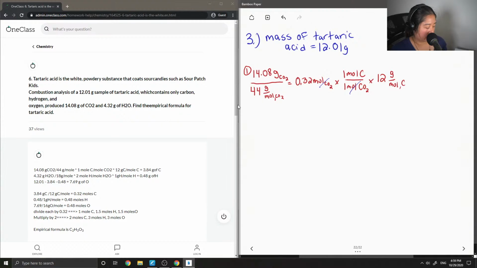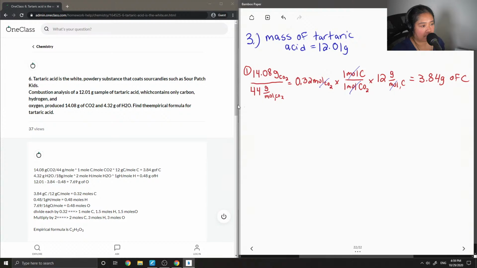And this is the molar mass of carbon. So if we were to do all of the math, you'll see the moles of carbon cancel out as well. And then we're left with a value of 3.84 grams of carbon.